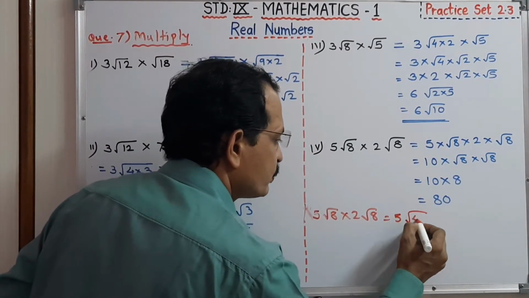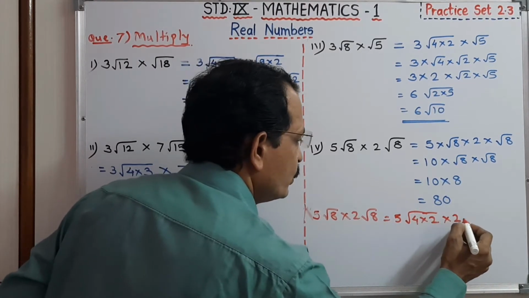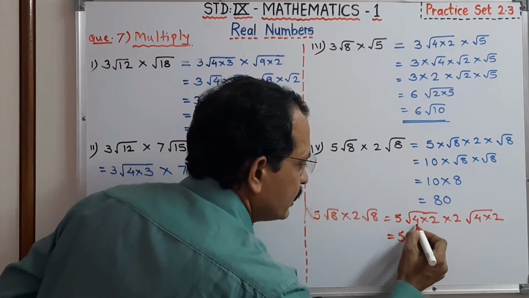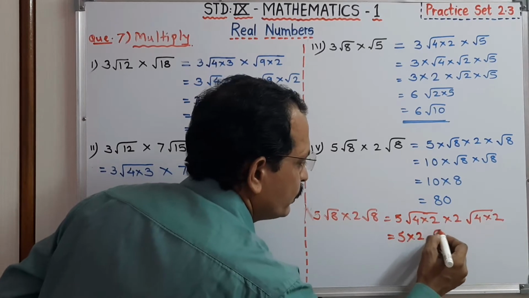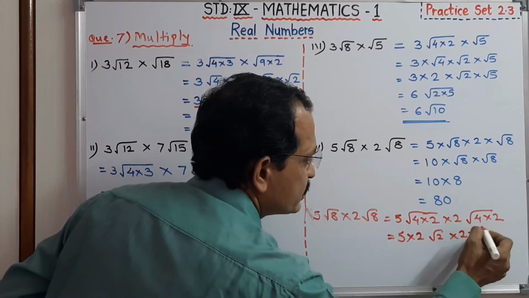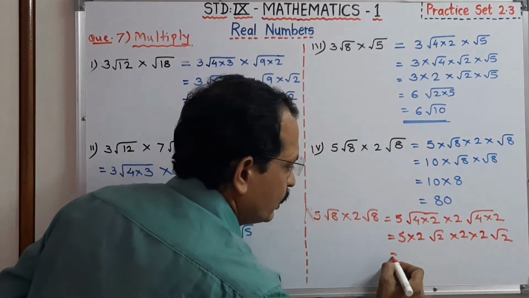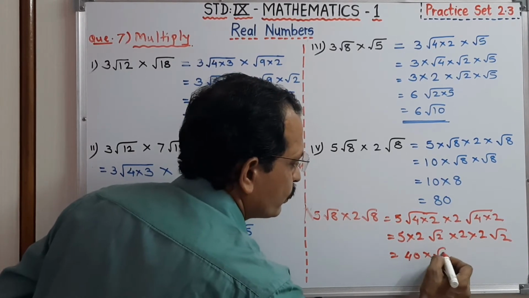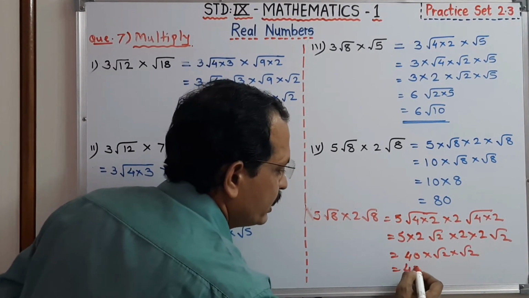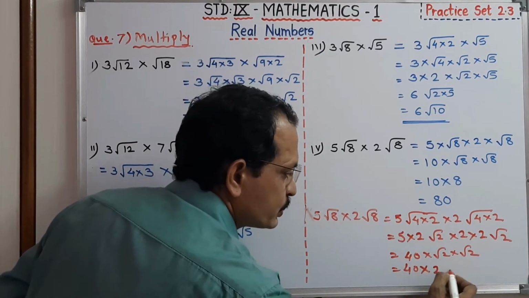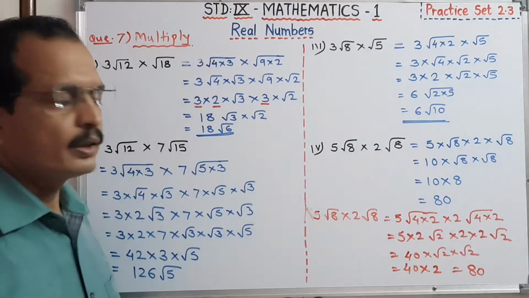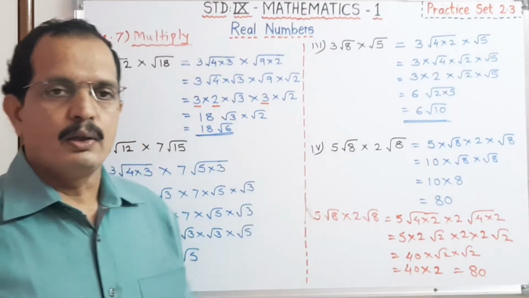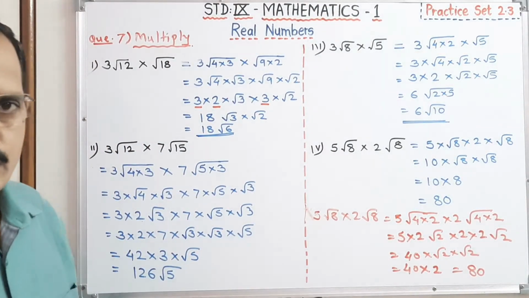Root 8 is root of 4 into 2, so it is 2 root 2. Then 5 into 2 root 2 into 2 into 2 root 2: 5 times 2 is 10, 10 times 2 is 20, 20 times 2 is 40. So it is 40 into root 2 into root 2, and root 2 into root 2 is 2. Therefore the answer is 80. This is the simple way. Got it? You can use this method. Now go through this sum and write it in your notebook.